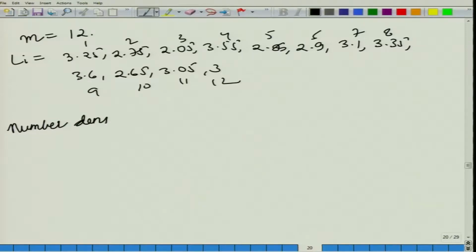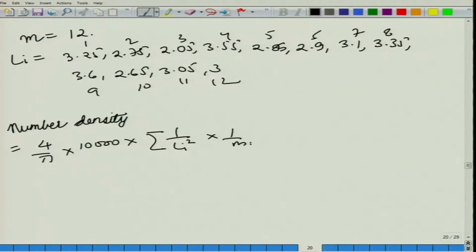Number density is given by 4 by pi into 10,000 into the sum over 1 over Li square, into 1 by m, which we have already calculated previously. So what is this?